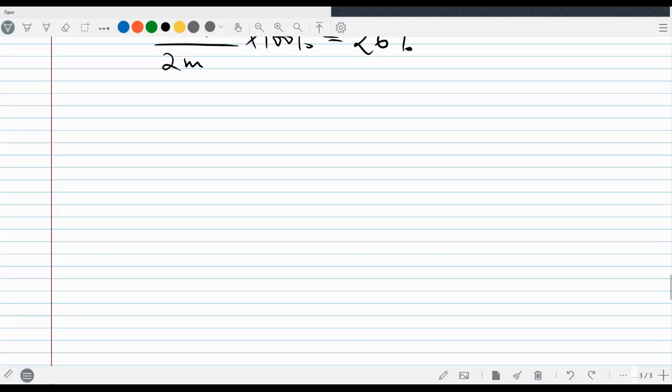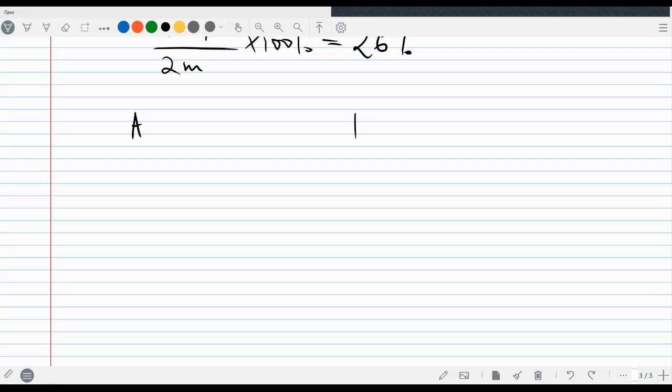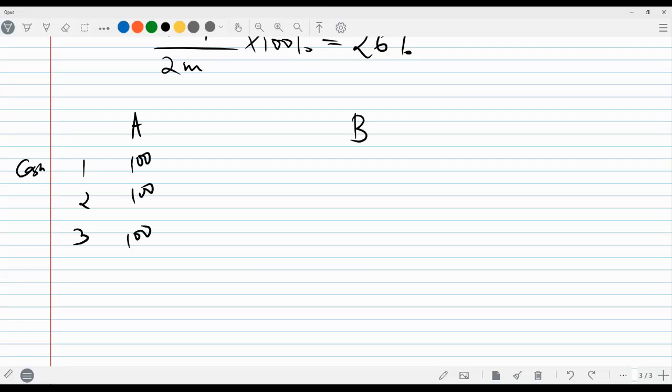If, for example, we have two projects here, A and B, and these are the cash flows. For A, you get 100 million in year 1, year 2, year 3, 100 million each. For B, you get 0, 0, and then 300.